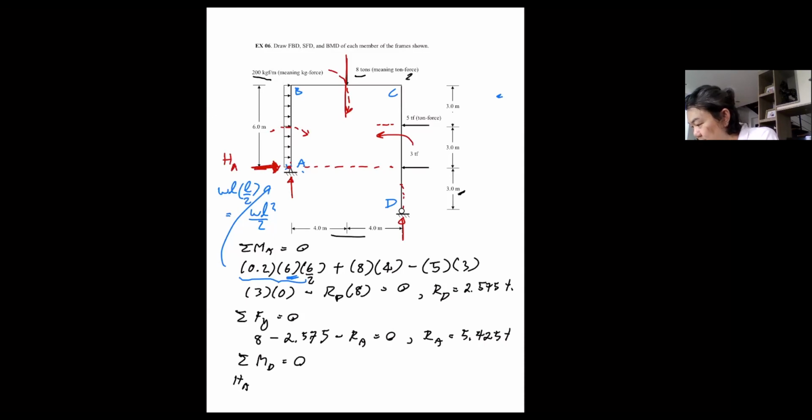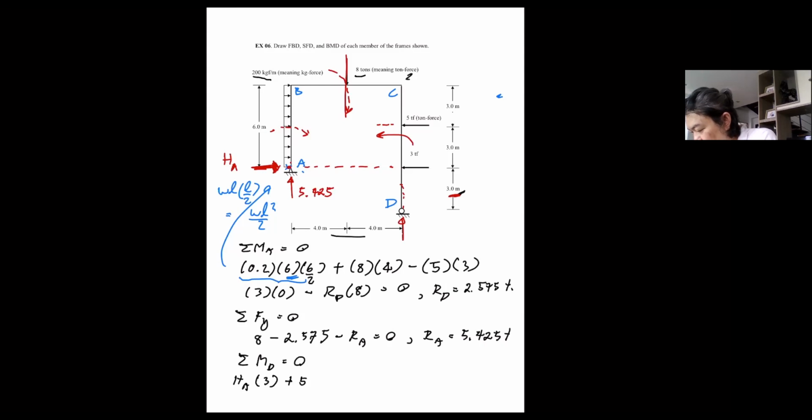So this becomes the moment arm 3 here, and this one gives you the clockwise moment. So it is HA multiplied by 3, plus 5.425, and it gives you clockwise moment as well.